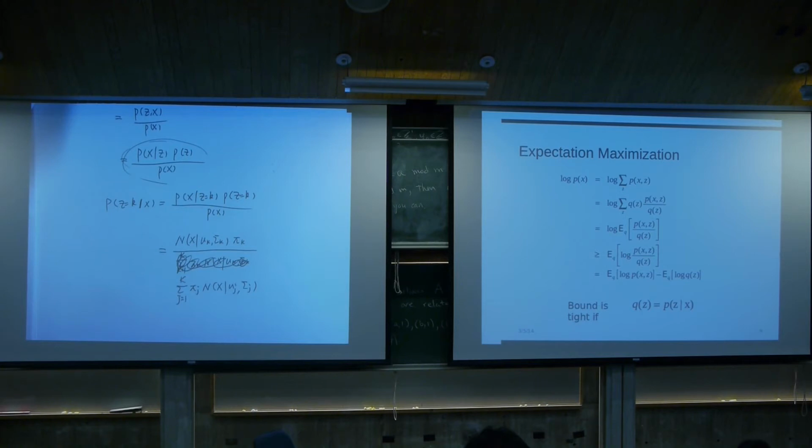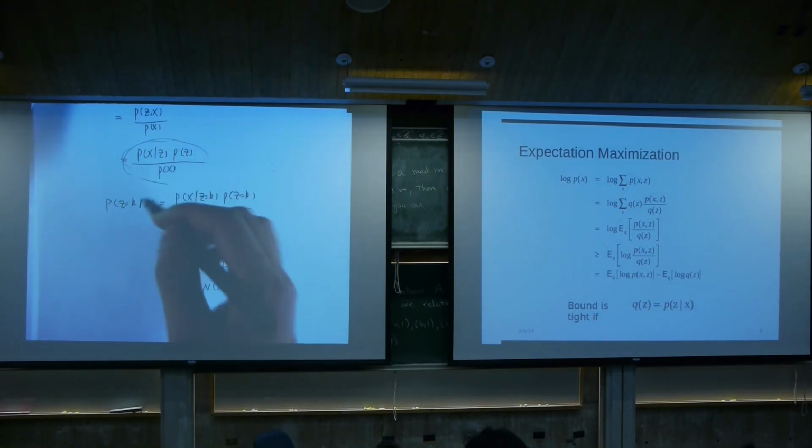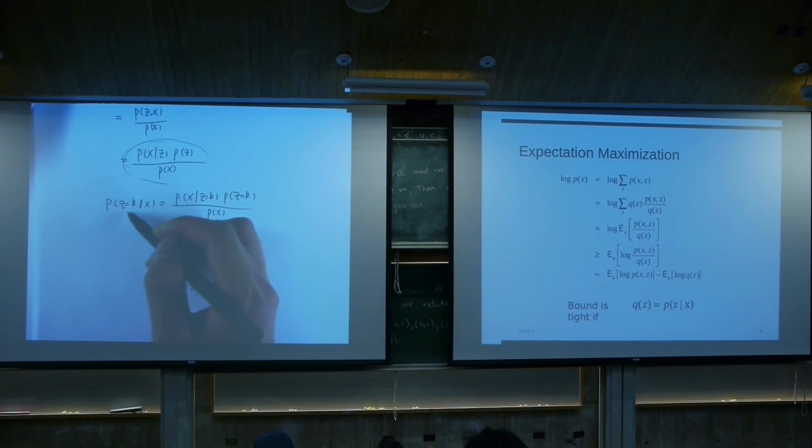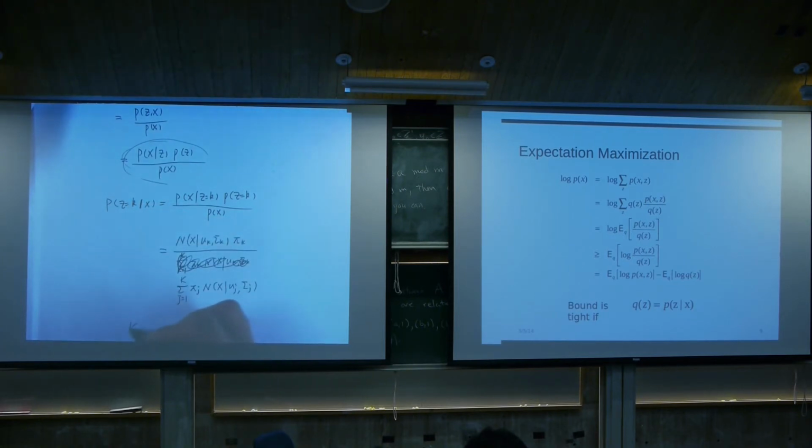This is a closed form solution of the posterior of Z. So you do all of this computation for Z equals 1, Z equals 2, up to capital K, and it will give you the posterior, which is multinomial.